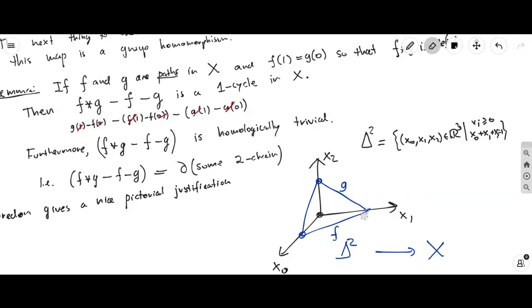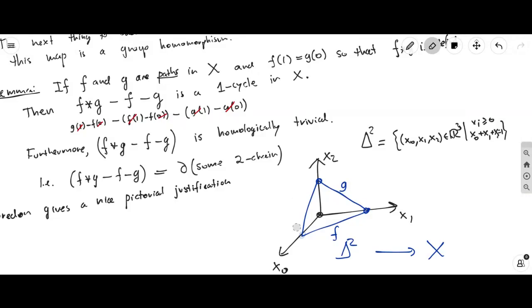So you're going to take this lower edge, you're going to homeomorphically align it with 0, 1. And if you have a point over here, that point will homeomorphically correspond to a point on the interval from 0 to 1. And then you just apply the f that you have before. So that's the way you define what it does on this edge. And that's the way you define what it does on that edge.